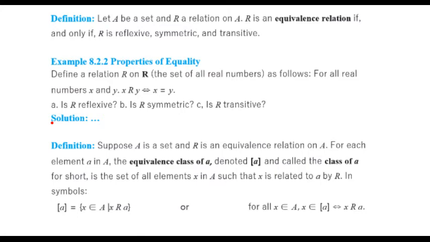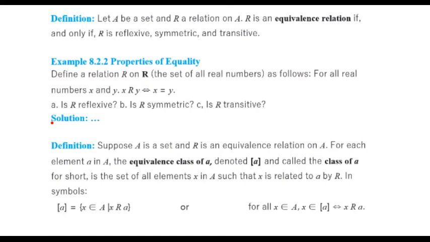So this relation is obviously reflexive because any number is equal to itself. So basically any number is related to itself by the relation of equality. And then it's obvious that this relation is symmetric too, because if one number is equal to another, we can say the second number is equal to the first number too, because equality has no direction, it is a bidirectional relation.